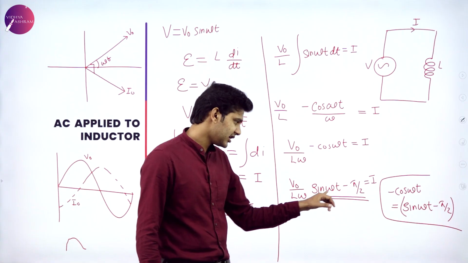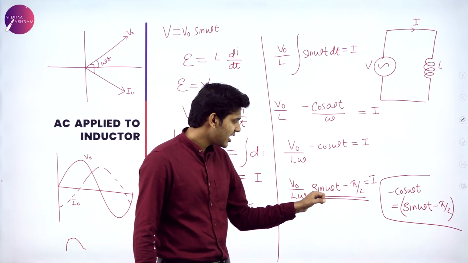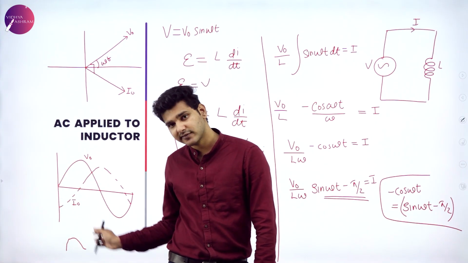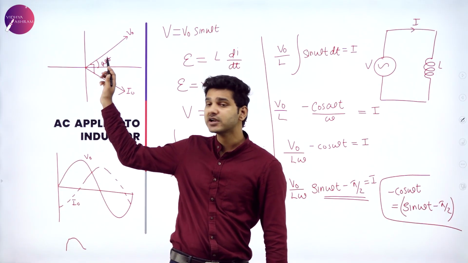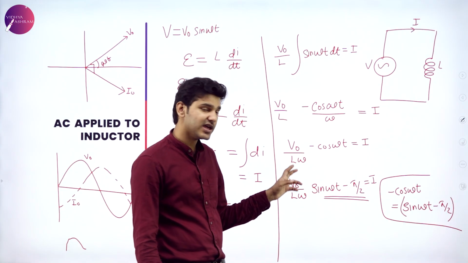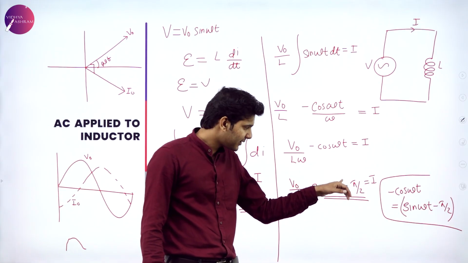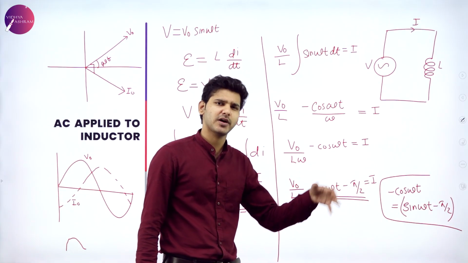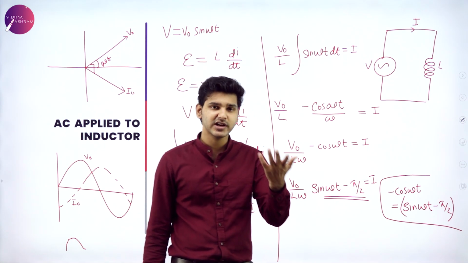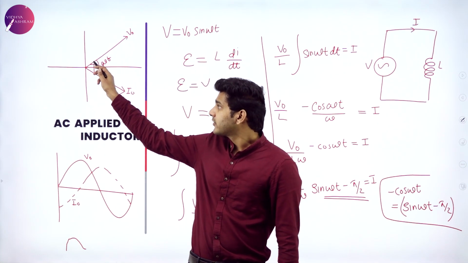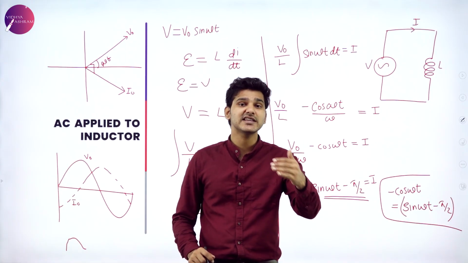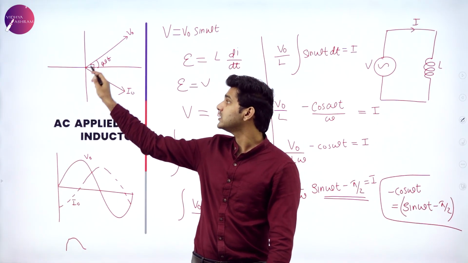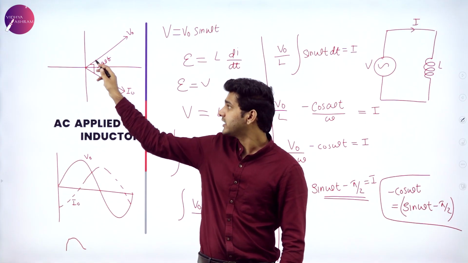So here sine is the sinusoidal wave function, omega t is the phase angle, and after that plus or minus pi by 2, pi or 2 pi, whatever it is, let's call it phi. That phi, here minus pi by 2, indicates the phase angle difference between these two vectors. So here it is 90 degrees.